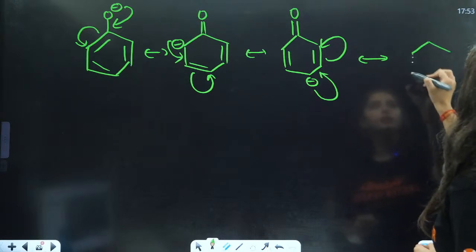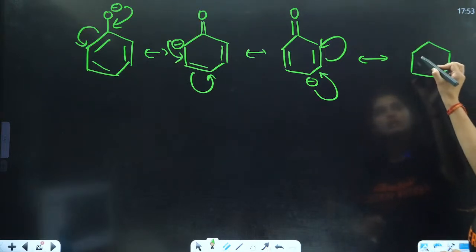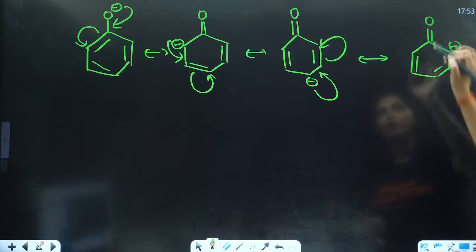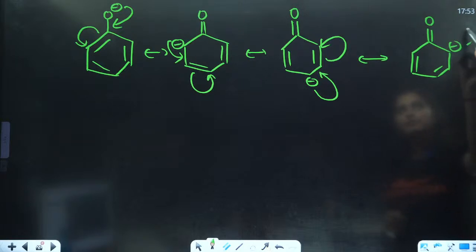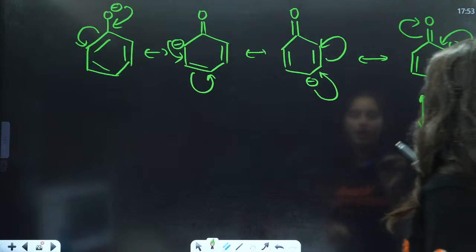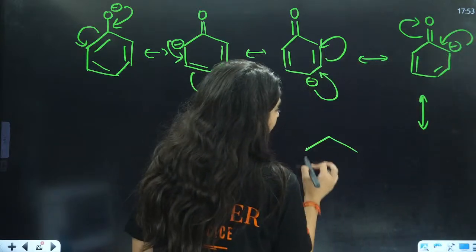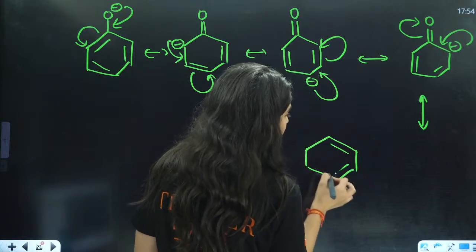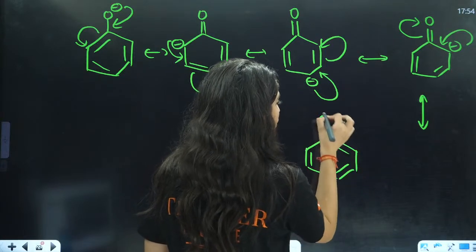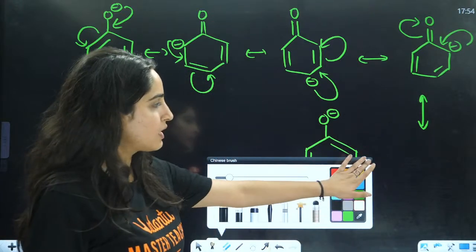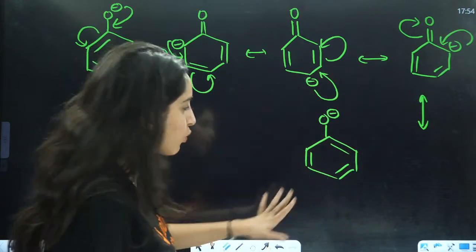You have the formation of this double bond here, this double bond here, this negative charge here, double bond O, right? Again, this negative charge is converted here, this double bond is shifted to a negative charge, and hence you have the formation of this double bond, and this is O negative. Now, can you see this whole thing?